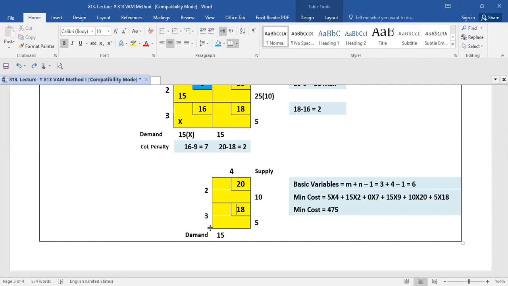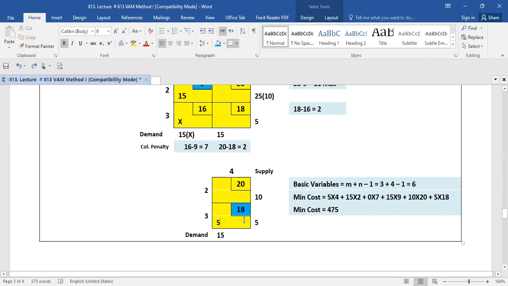So the procedure is this, that you will make your first allocation with the minimum cost. In the cell with the minimum cost, you will start allocating, as it has minimum cost. So here we have supply 5 and demand 15. I have highlighted this cell, which is going to be allocated first.